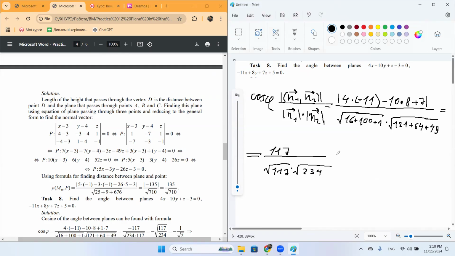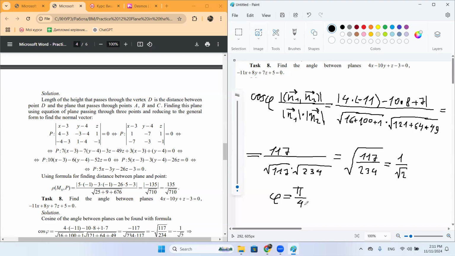So as we can already see, we will receive a table value, but writing step by step for now. And this is 1 by square root of 2. And it's the table value. So phi equals pi by 4.